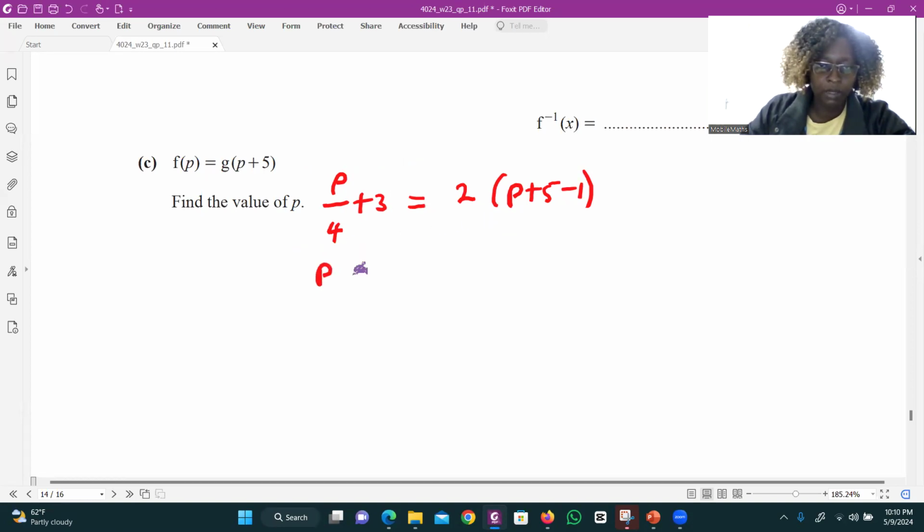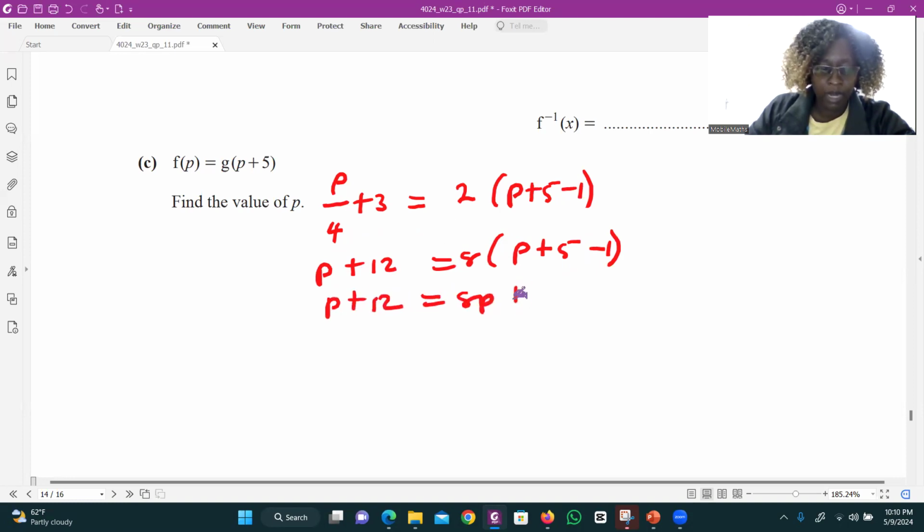I have p plus 12 is equal to 8 bracket p plus 5 minus 1. Removing the brackets here, I'll have p plus 12 is equal to 8p plus 40 minus 8. So this is going to give me p plus 12 is equal to 8p plus 32, okay?